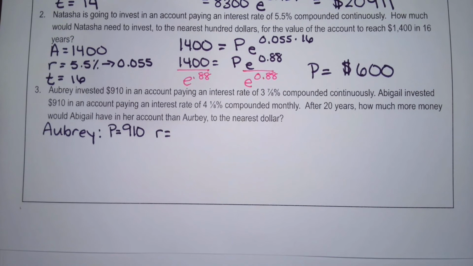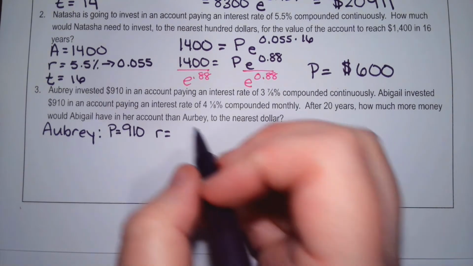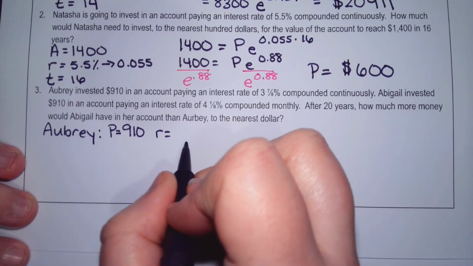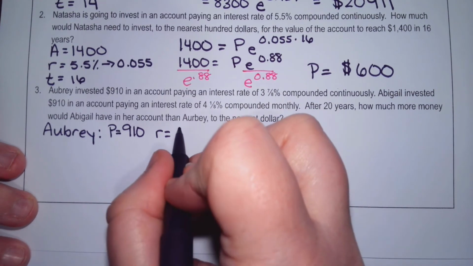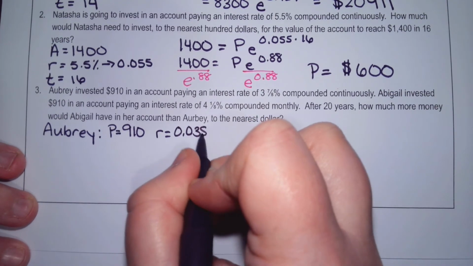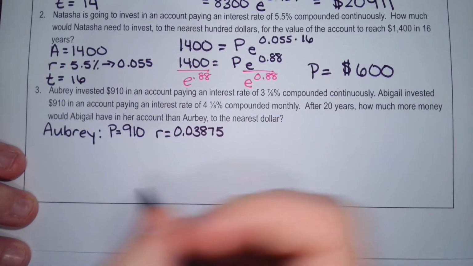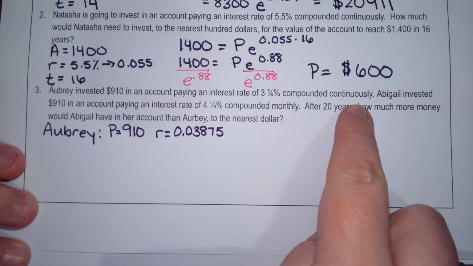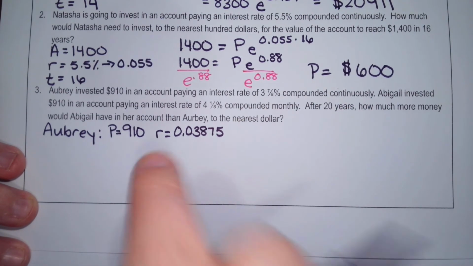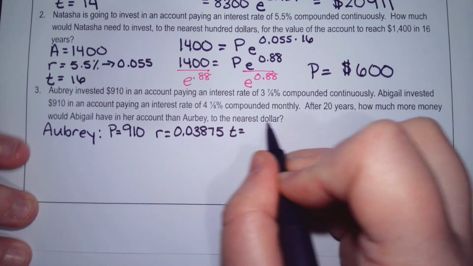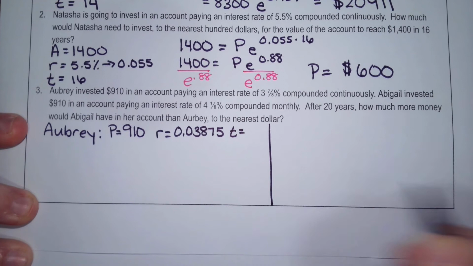Again, nobody's got time for fractions, so convert it to a decimal. And I'm just going to convert it from a percentage to a decimal right away here: 0.03875. And then it's compounded continuously. So we don't need an N, but we will need a T, and we'll get that here at the end.